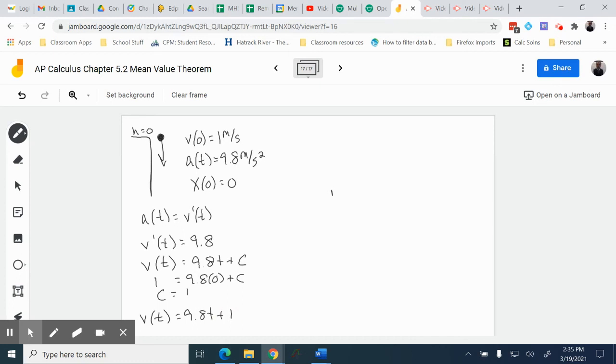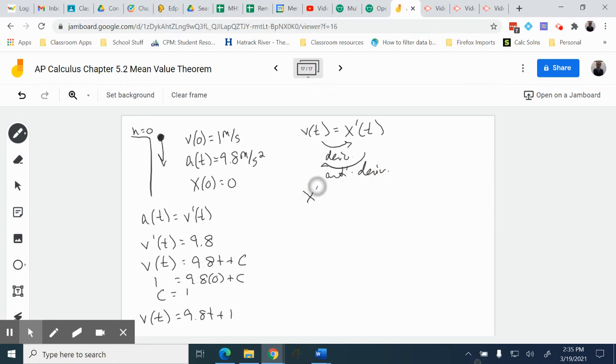Now, having done a better job of organizing my space, I have lots of room for the second half. I know that velocity is the derivative of position, which means that position is the antiderivative of velocity. Notice, derivative, antiderivative.